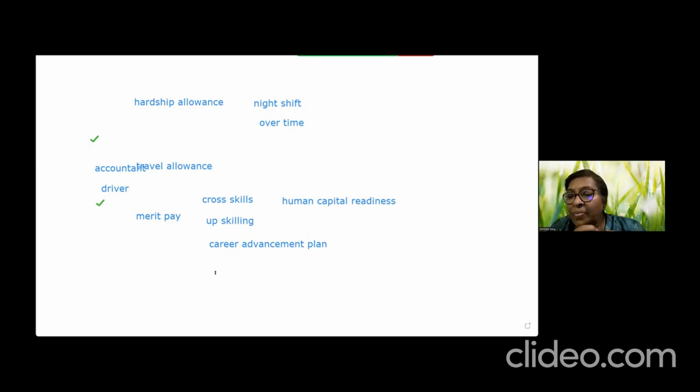Then what happens? You are able to retain your high performers. Are you getting me? You are able to retain your high performers. You don't want to lose them. So you are creating an advancement. You are not saying, hey, after 5 years only, I'm going to give you. No, at every 2 years and 3 years, you are also giving them incentives when they are getting certified.